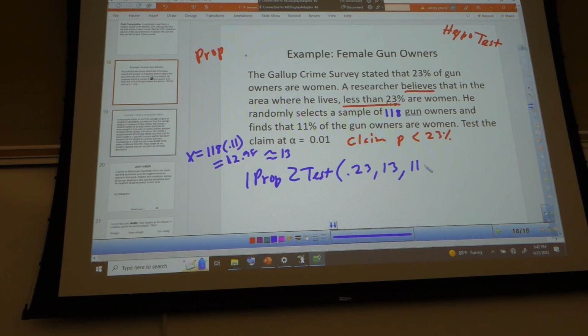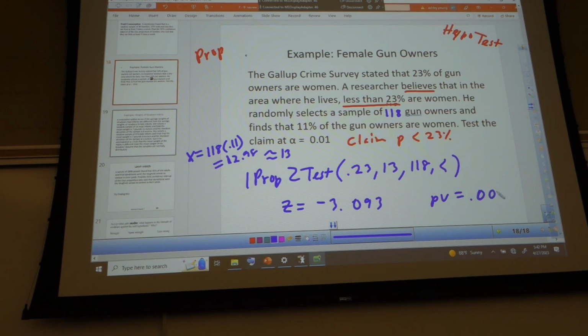Anyway, 118, and my claim symbol was less than. So you ended up with a z-score of negative 0.93, and a p-value of 0.99.